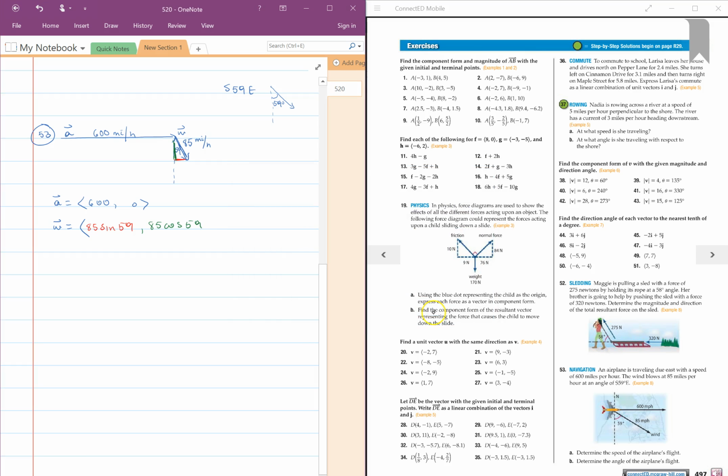All right. So now the resultant A plus W: you add this, so 600 plus 85 sine 59 is 672.9, comma, what's 85 cosine of 59?